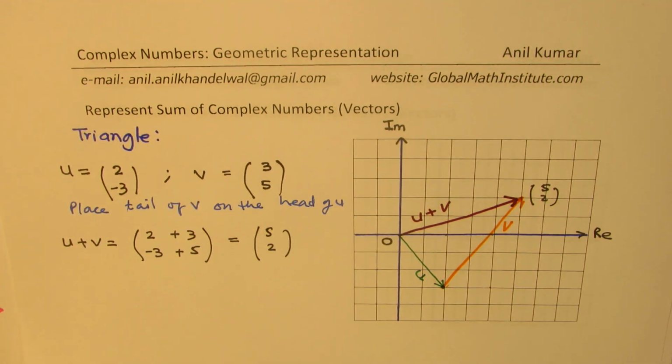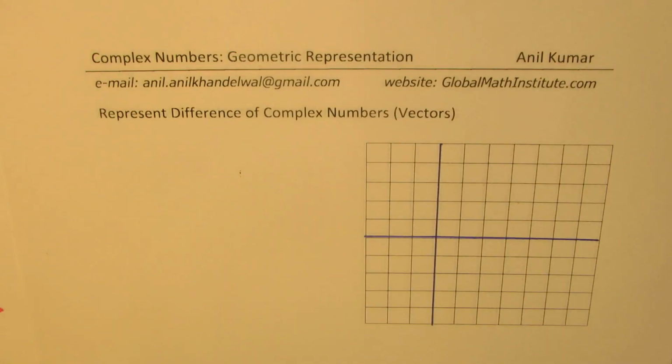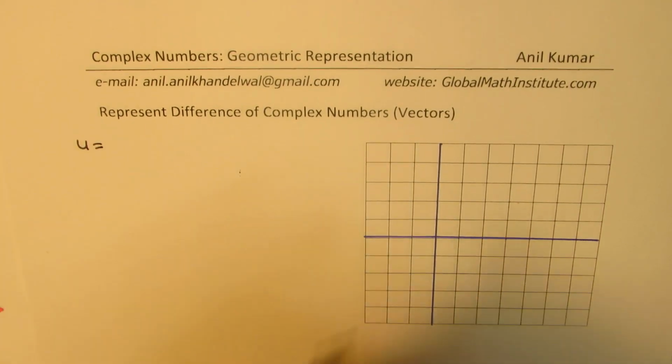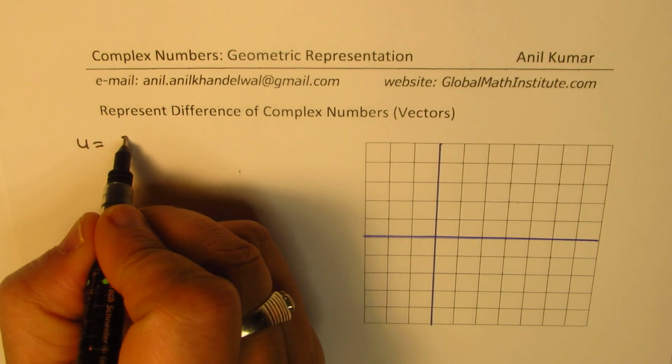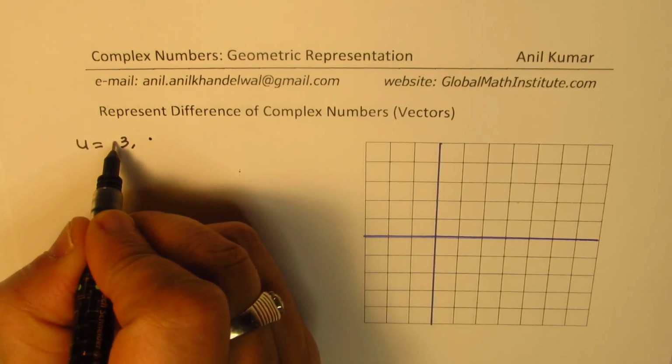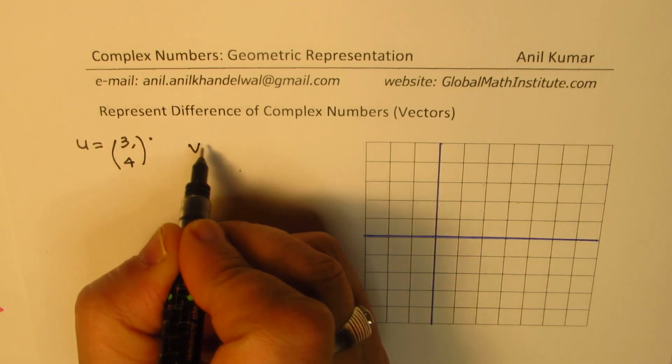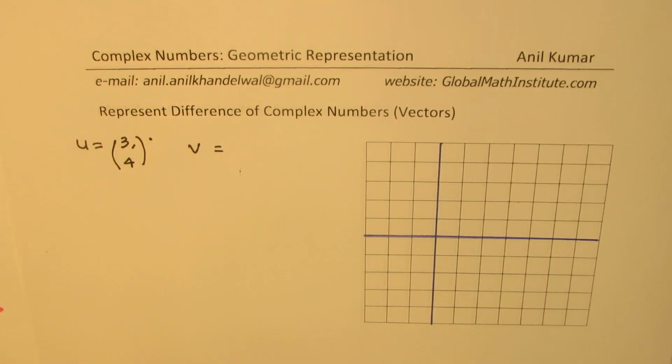Now let us see how to subtract the complex numbers, again using position vectors. Let's take an example here as u equals, let's say, 3, 4. Let me write like this only. And v equals, let me sketch.